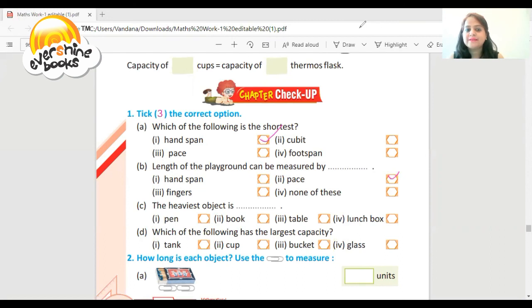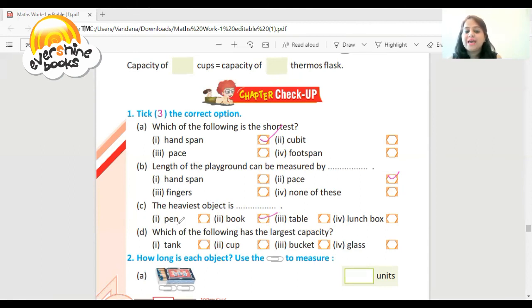Which one is the heaviest object from the given options? Pen, book, table, lunch box. Just hold these objects. Which one is the heaviest object? Book is the heaviest one from all these. So just take the correct answer.